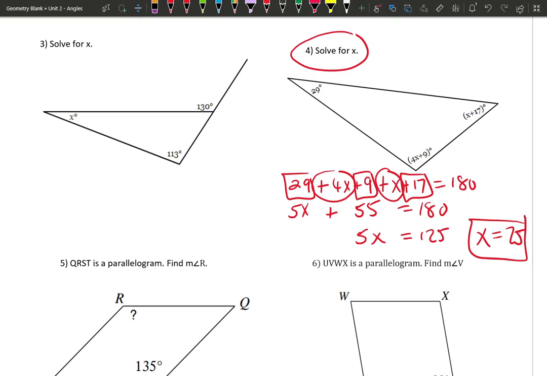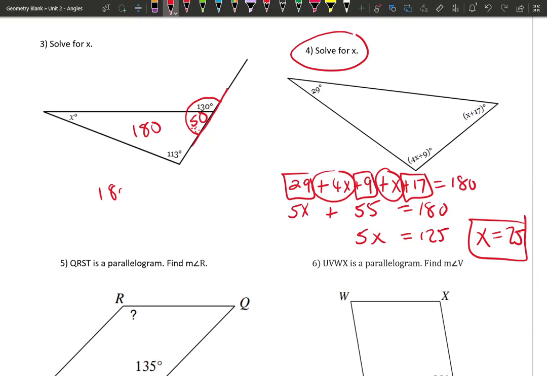Okay, same thing here. Actually, if this is 130, how much must this angle be? Remember, straight line is 180, so this must be 50. All right, 130, 140, 150, 160, 170, 180. Yep, that's 180. And the 3 angles in this triangle must add up to 180 as well.